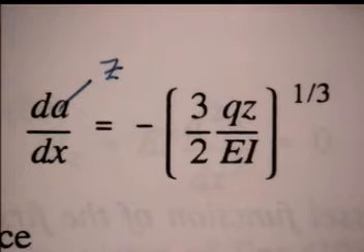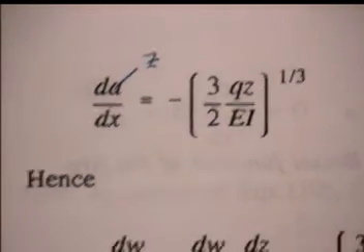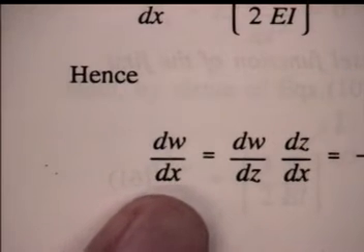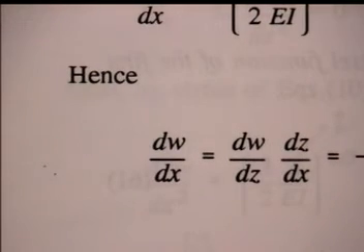Now, why did we need this? Because we introduced new variable z. So I would like to write dw dx that is in the differential equation as a function of z. Because now instead of x, I have z. But dw dx I have. So I would like now to calculate dw dx, how it looks in the new coordinate system.